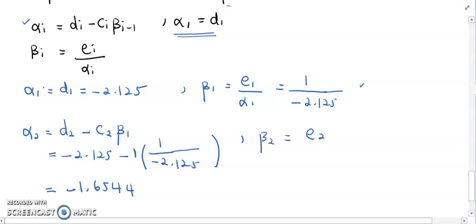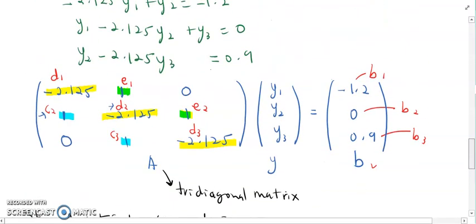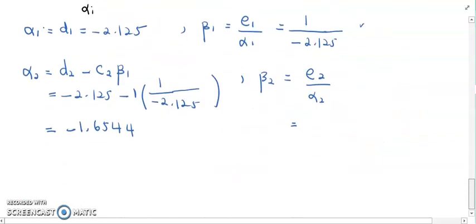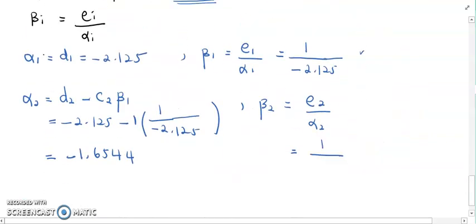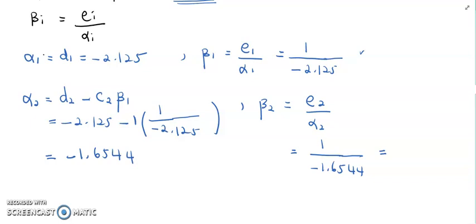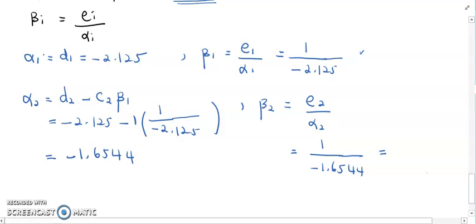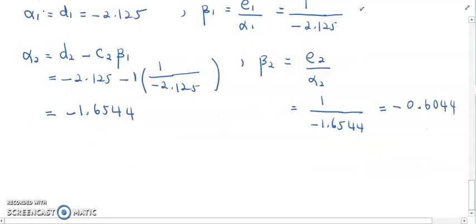Next, find beta 2. Beta 2 is E2 over alpha 2. E2 is 1, so 1 over negative 1.6544. Simplifying this fraction into decimal, the value of beta 2 is negative 0.6044. Next, alpha 3.